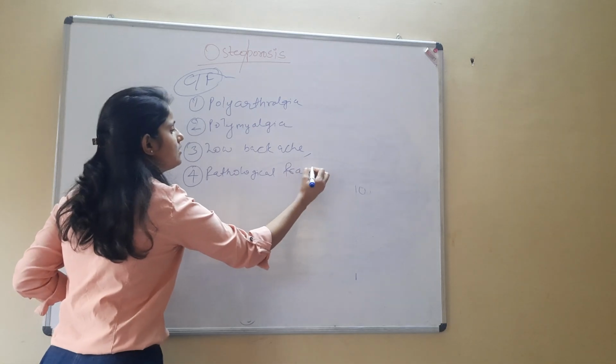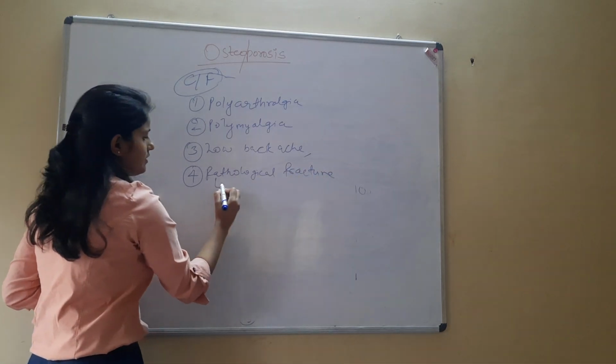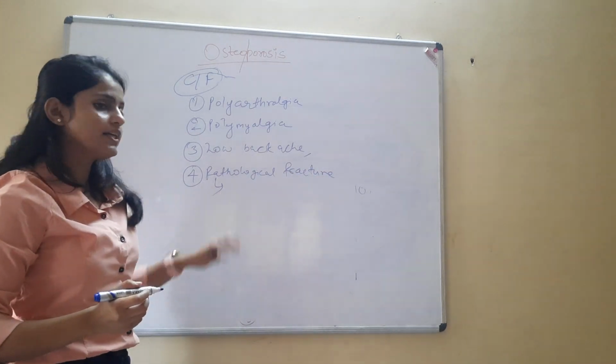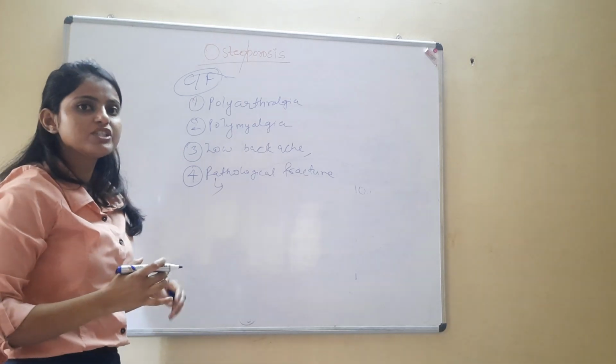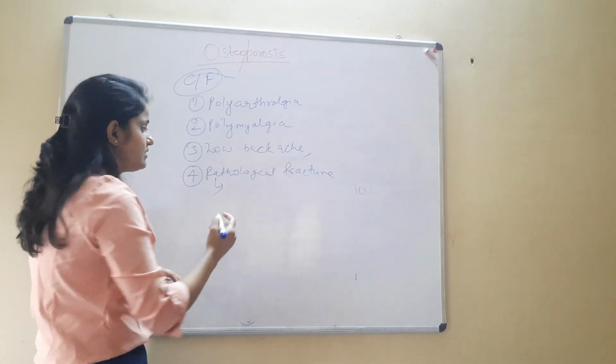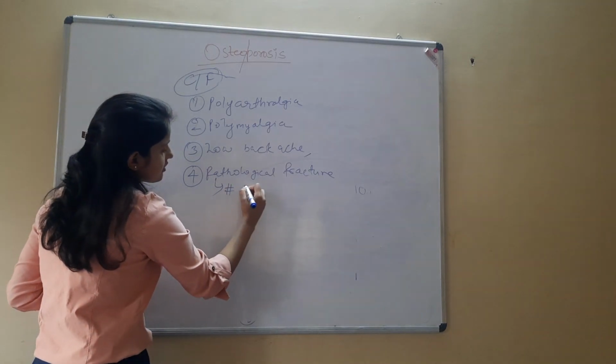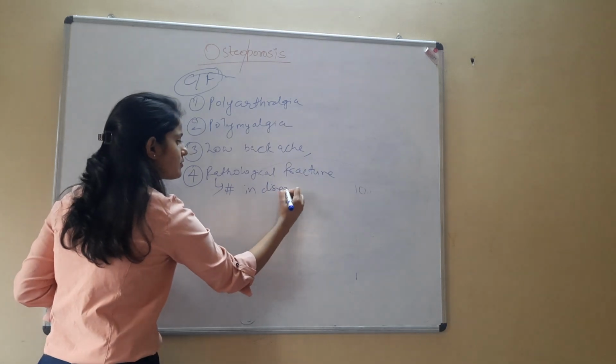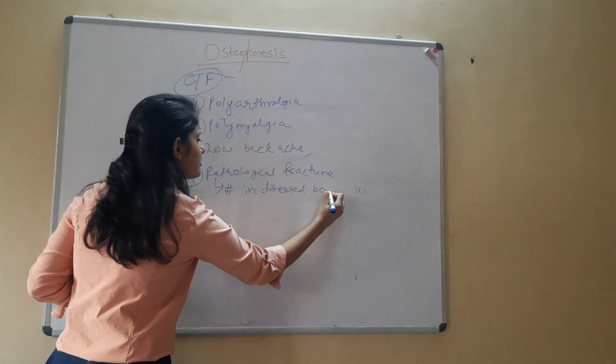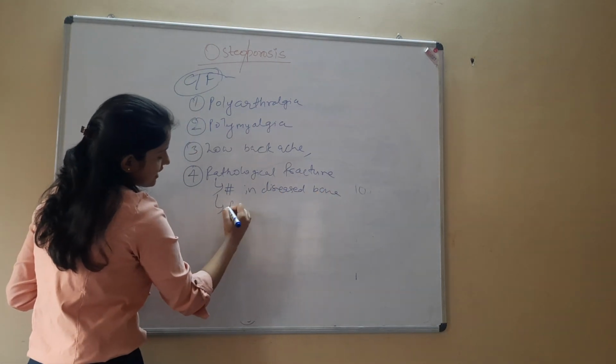Pathological fracture. It is called pathological fracture when there is a fracture in a bone which has already become weak by disease. This is also called fragility fracture.